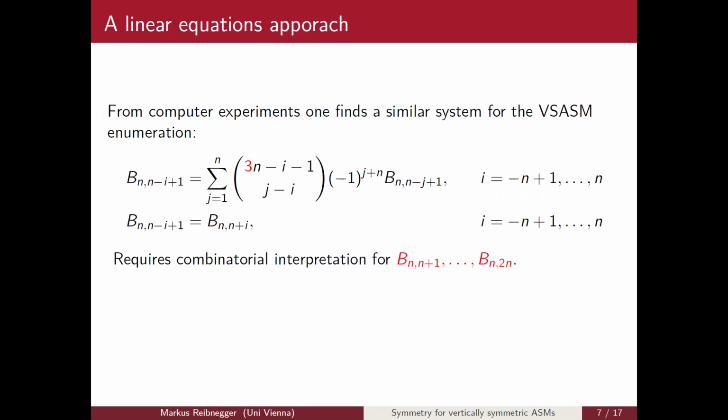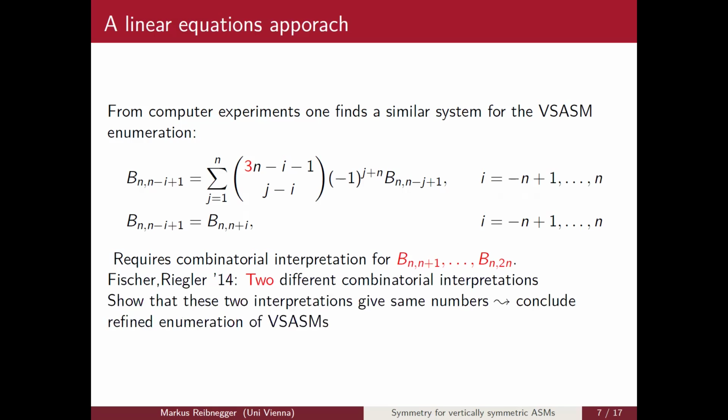And in this refined enumeration, we only consider I going from 1 to n. These other numbers that appear also need some combinatorial interpretation. This is what Ilse and Lucas Riegler did. In 2014, they found interpretations for these numbers in terms of partial monotone triangles. So monotone triangles where you cut out certain regions.